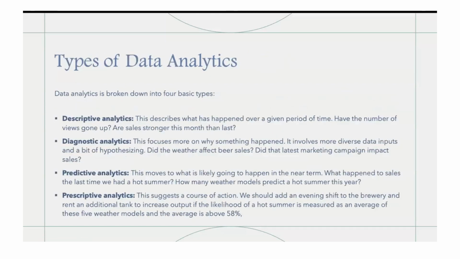Let's take a look at some other examples over here. We have different types of data analytics. We have descriptive analytics, diagnostic analytics, predictive analytics, and prescriptive analytics. One of the popular ones is predictive analytics. For some of us who are already in the data analytics field, you've been hearing about predictive analytics.